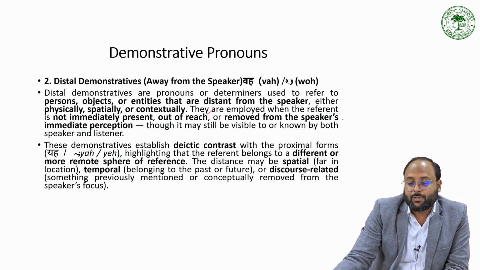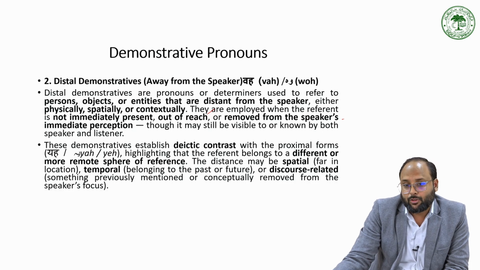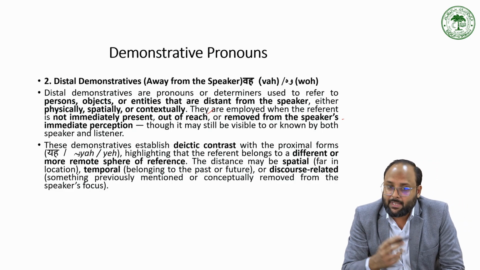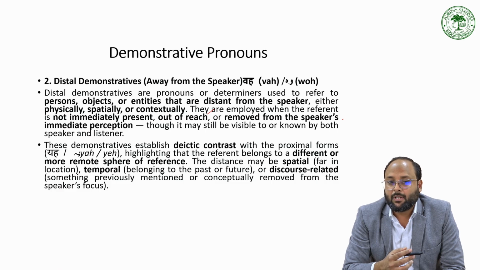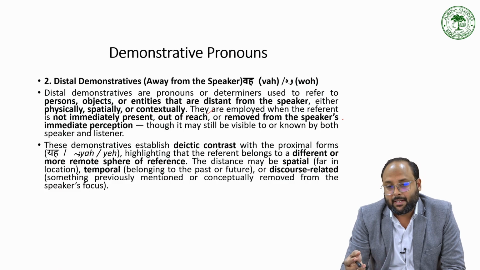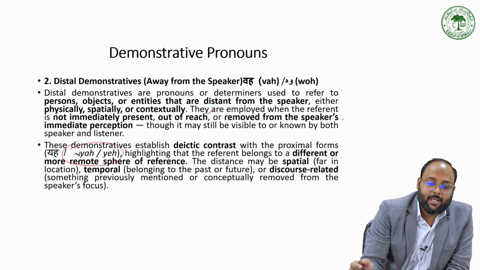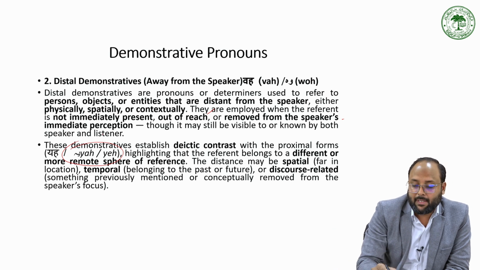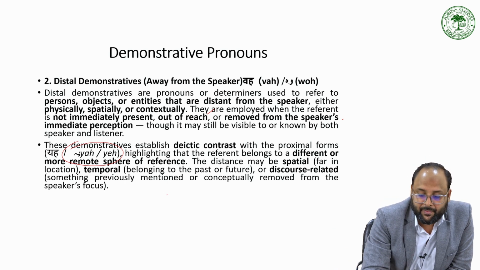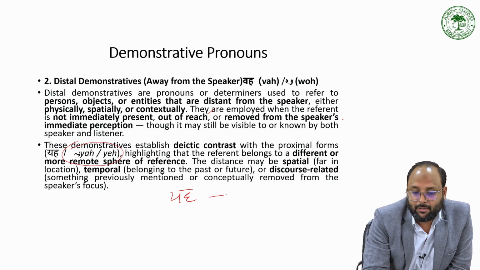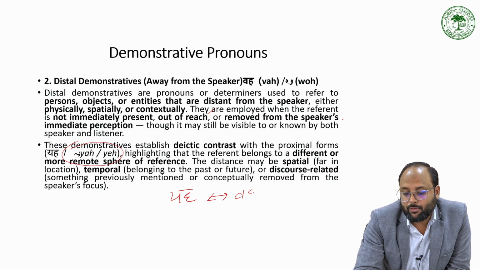So these demonstratives establish a deictic contrast with the proximal demonstratives. In proximal we are using ये, and in distal demonstrative we are using वो.